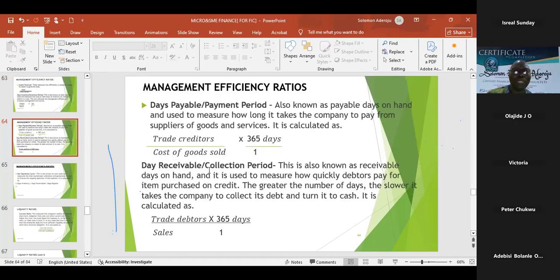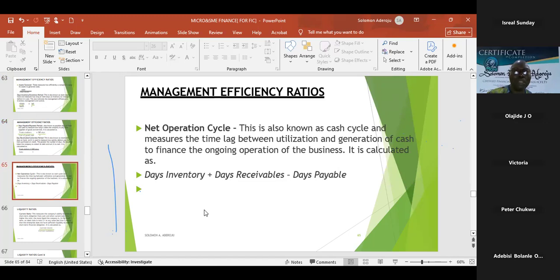For the days payable, it is trade creditors over cost of goods sold. Then for receivables, it is sales also. Then the net operating cycle, you put the days inventory plus days receivables minus days payable, and that's the number of days it takes the business to pay their loan back.